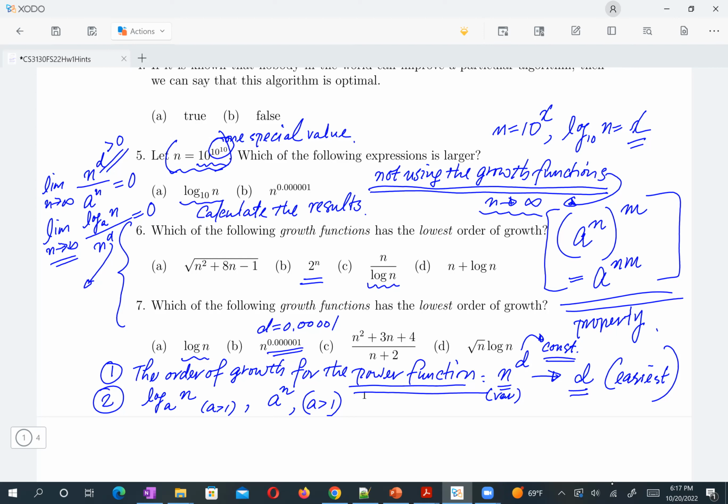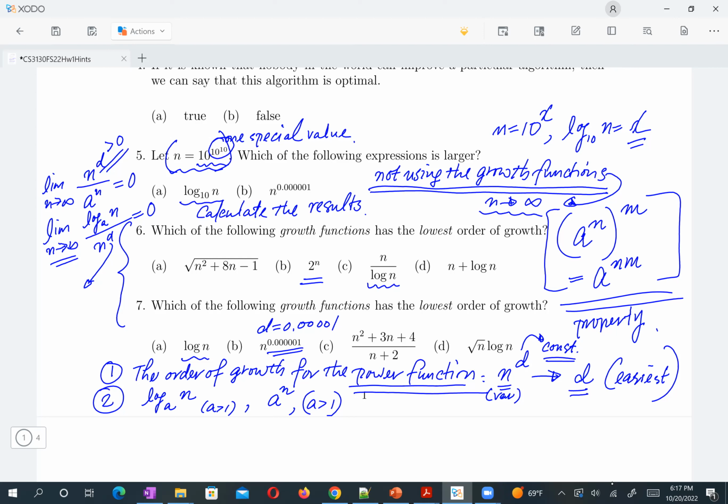So these two results really help us decide which function has higher order of growth.